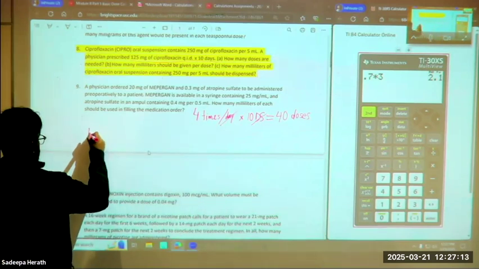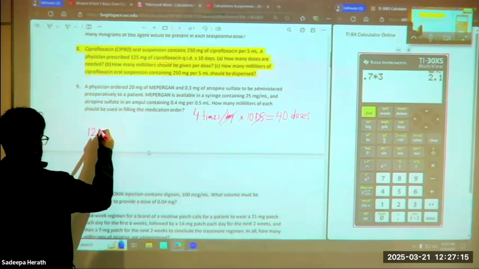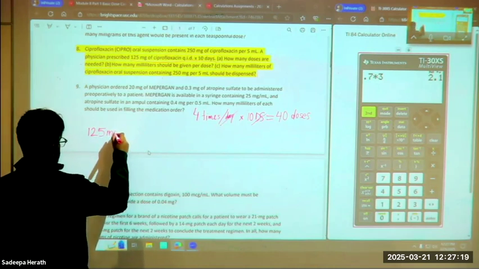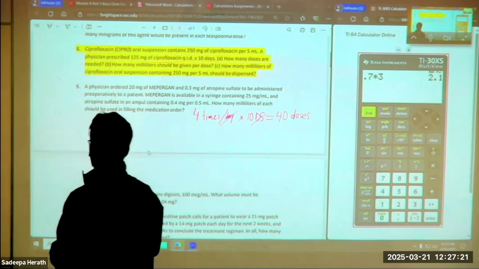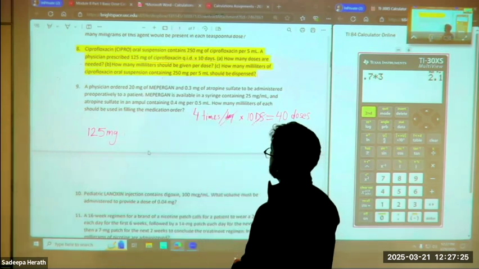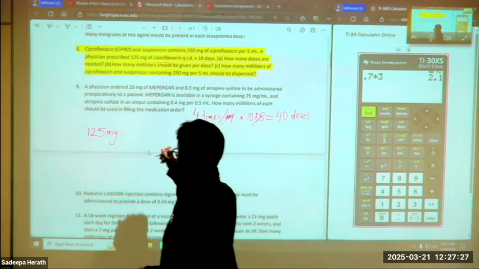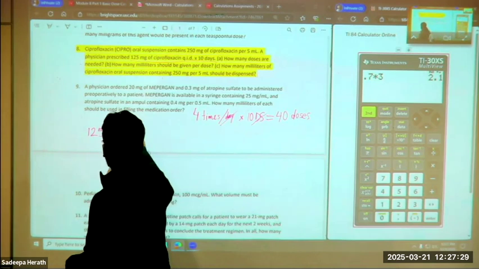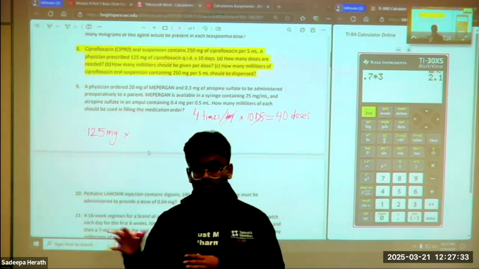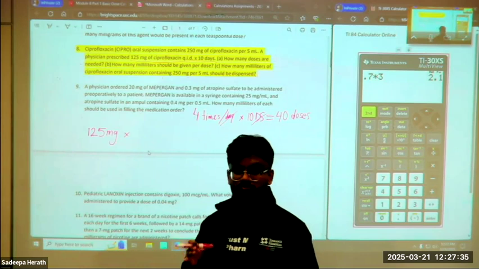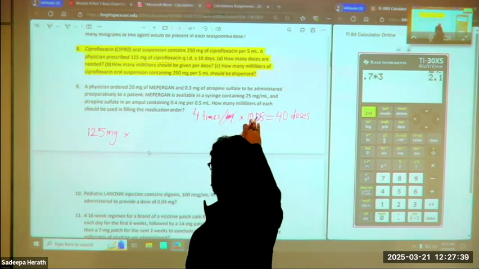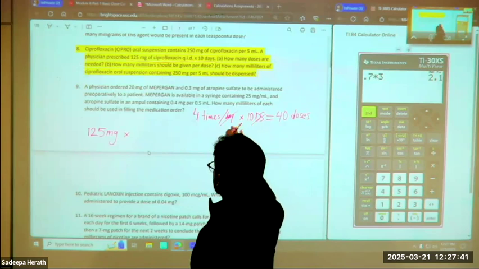What we want to know is how many milliliters it's going to take to make 125 milligrams from our oral suspension. That's where we start. And then dimensional analysis wise, what we have and what we need. What is the bridge? The conversion factor. We want to get to milliliters.